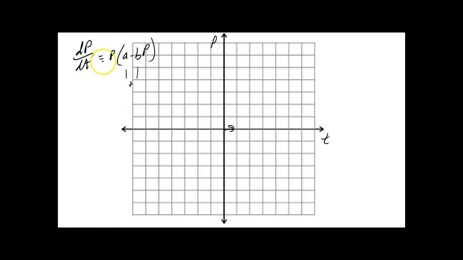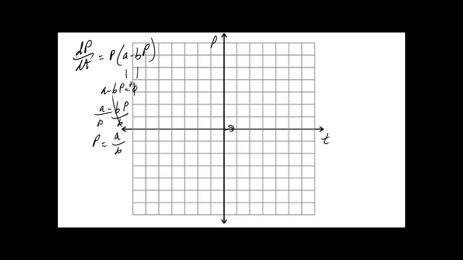But that's not the only place where that's 0, because when a minus bp is equal to 0, your slope is also 0 there, meaning it's another critical point, okay? So, when is that true? If you write this as a is equal to bp and divide by b, then when p is equal to a over b, you also have a critical point.